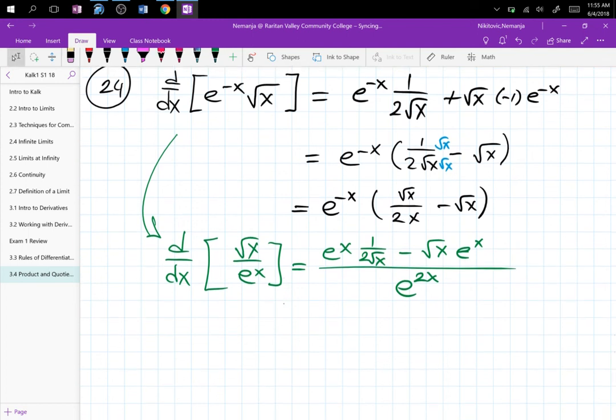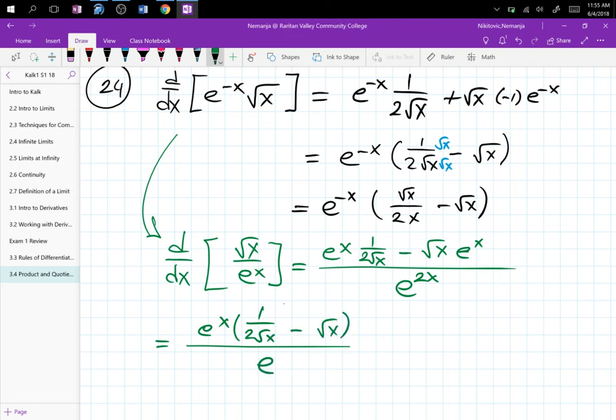And what we can do is factor out e to the x, and we are left with 1 over 2 root x minus root x, divided by e to the x.